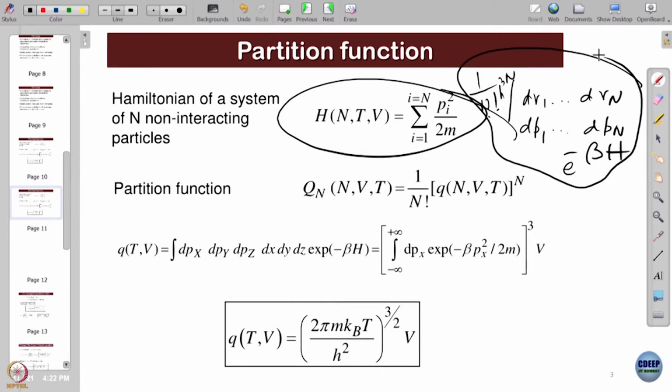Now, look at this partition function, there is no interaction. So, the position of the atom.